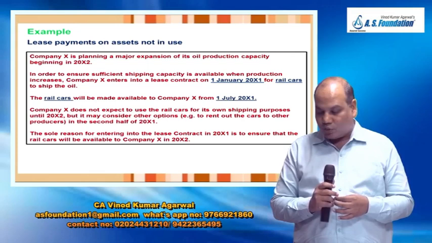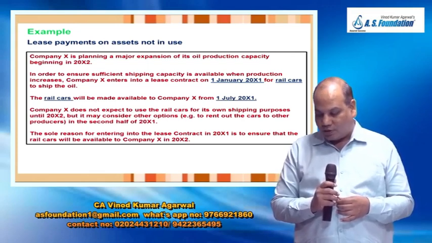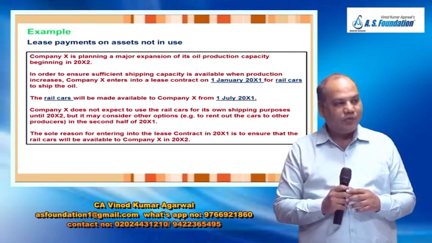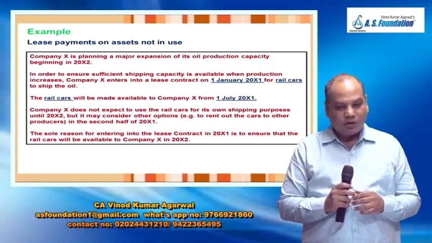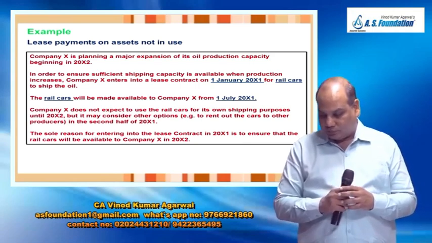Company X enters into a lease contract on 1st January 20x1. Can you guess what this 1st January 20x1 is? Inception date. The lease is for rail cars to ship the oil.